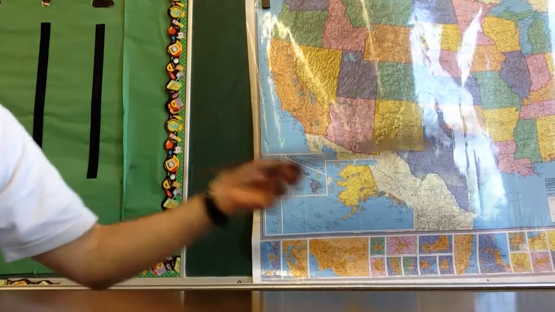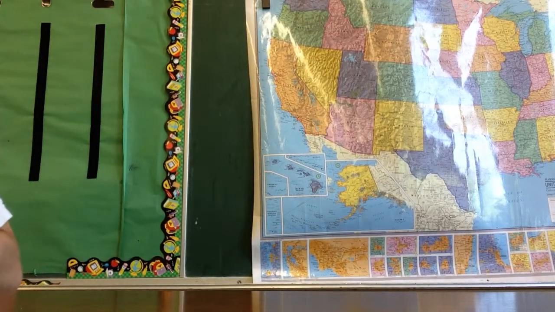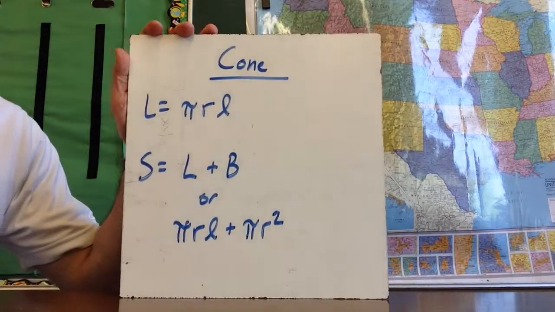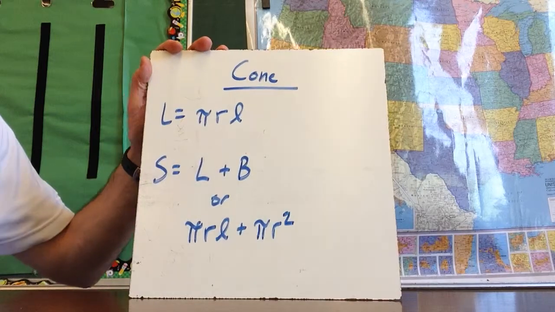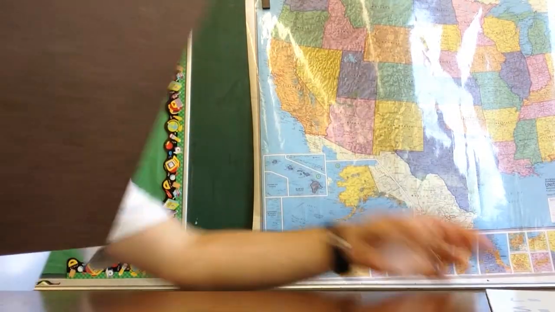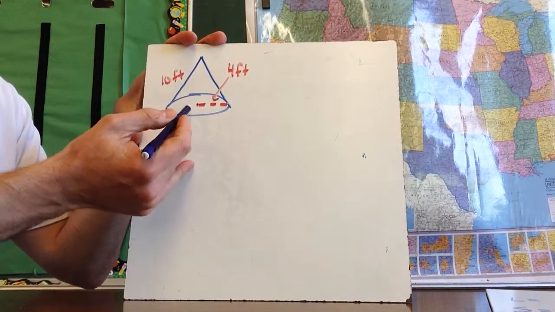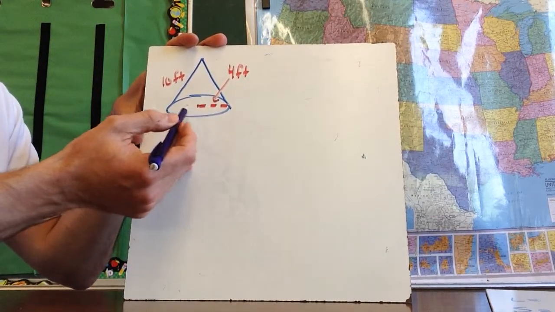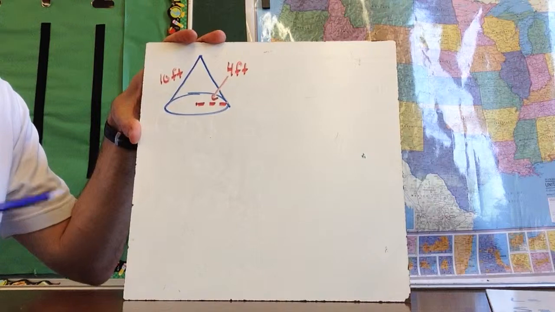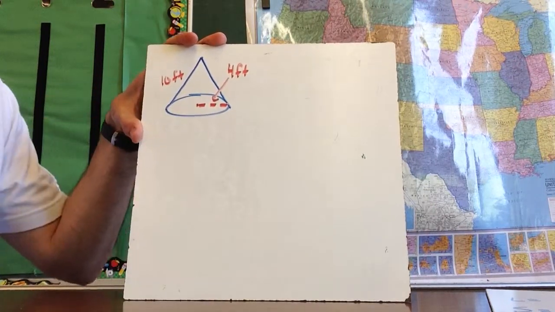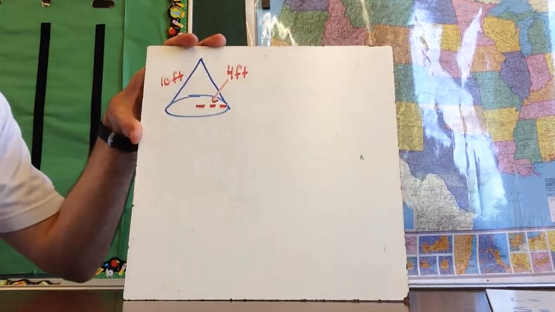All right, now, putting that formula off to the side, we're going to look at a cone. The radius is 4 feet and the slant is 10 feet. Sometimes they'll give you the height, though in this particular example you don't necessarily need it.